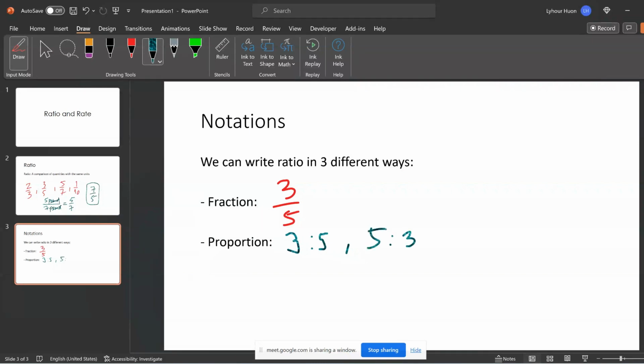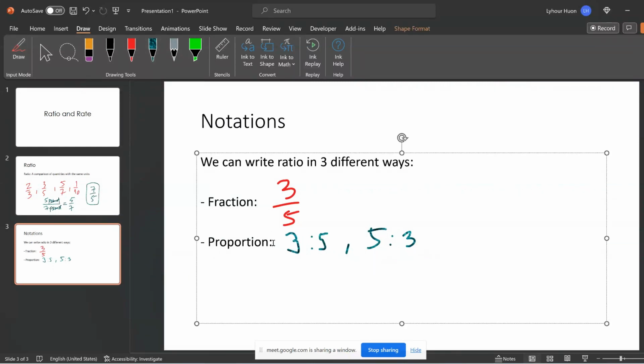This is also a ratio. Another one we can write the ratio is with words, for example, 3 to 5, also a ratio.